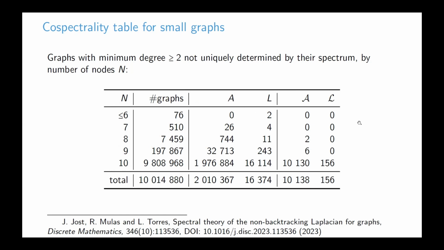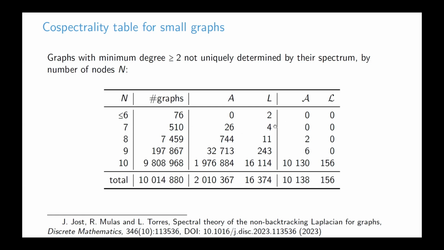And here we consider 4 different operators: the adjacency matrix of the graph, the normalized Laplacian, the non-backtracking matrix, and the non-backtracking Laplacian. Okay, so for instance, this 26 here represents the fact that if we take graphs on 7 nodes, then there are 510 choices, and there are 26 graphs that are not uniquely determined by the spectrum of the adjacency matrix. But if we look at the normalized Laplacian, then we just have 4, okay?